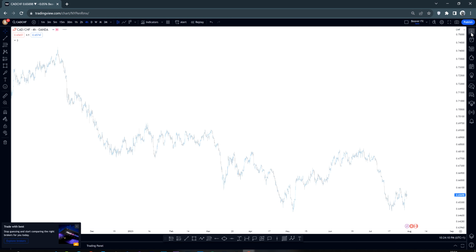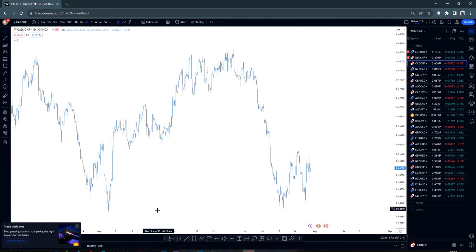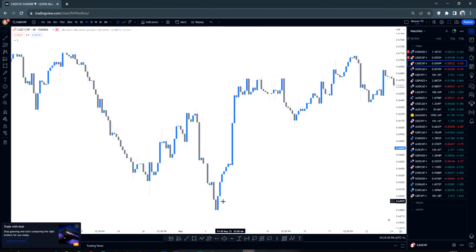So now if you look at this, we had this low here. The market didn't actually get there, but let's come back here and see. Now we had this break here before this break.